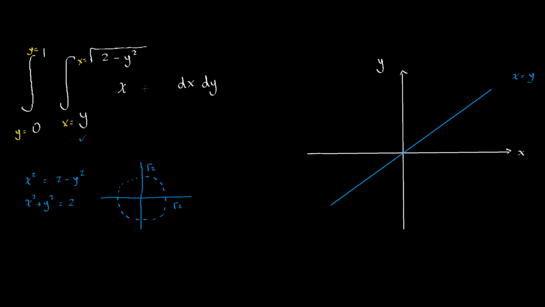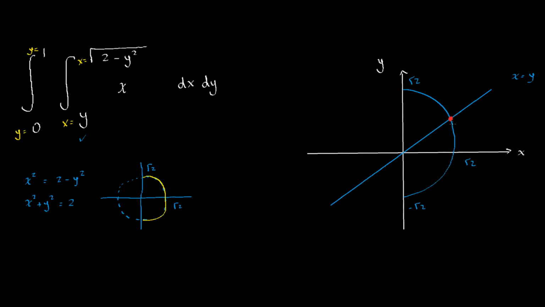So this means we're looking for the semicircle where x is either 0 or bigger than 0. This means we're looking for this semicircle over here, and you can ignore the rest of the circle. So let me sketch this here. Good enough. Okay, so this is root 2, this is root 2, this is negative root 2. And we see the semicircle and the line intersect at this point.